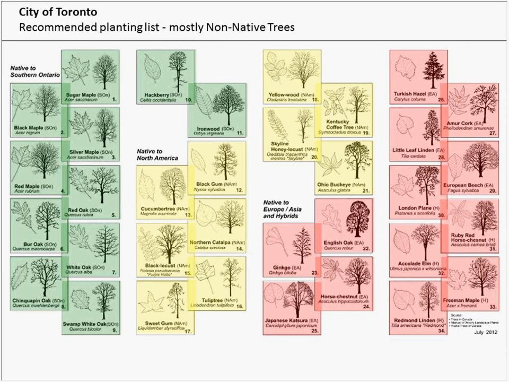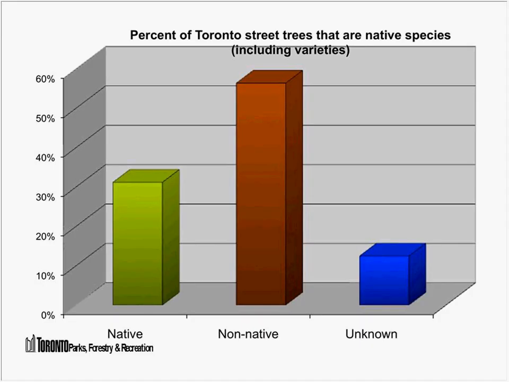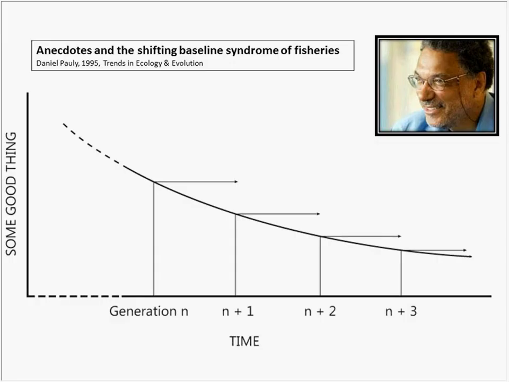They probably carry diseases of congeners, our native congeners. And this is what we need to work on shifting. The city for so long has planted primarily non-native trees. You can see in the middle, most of our trees now, 60% or more, are non-native. Most are Norway maple, 25% of the trees we have in Toronto.